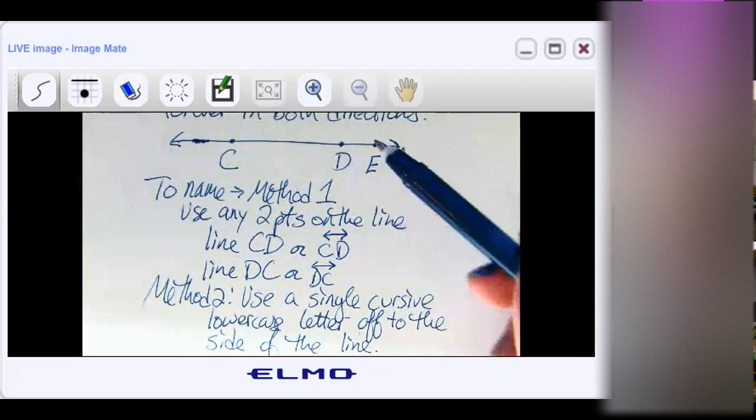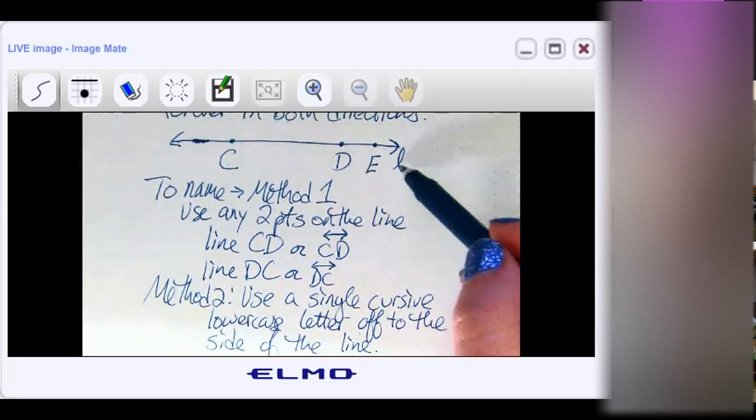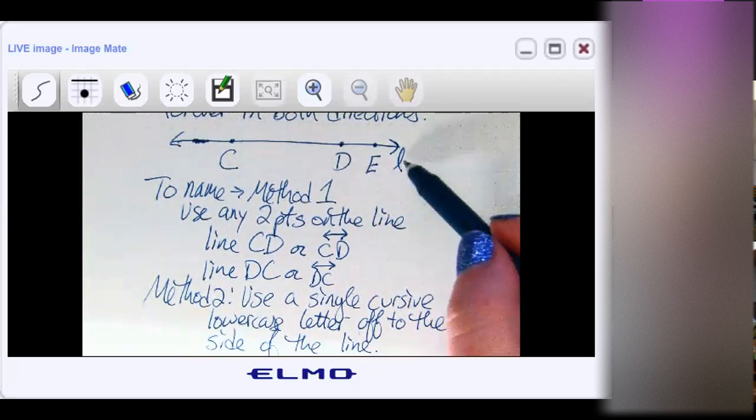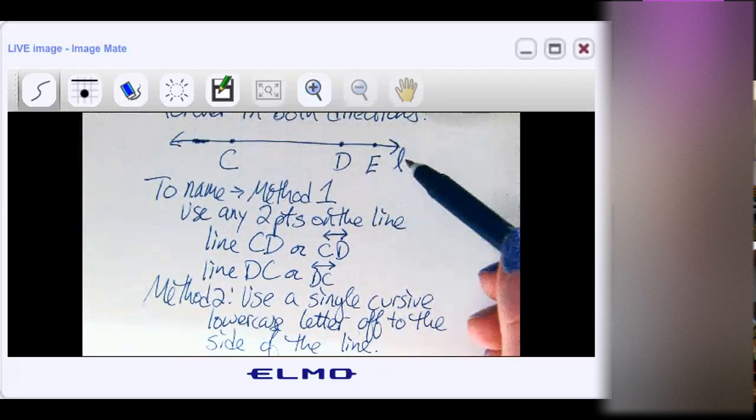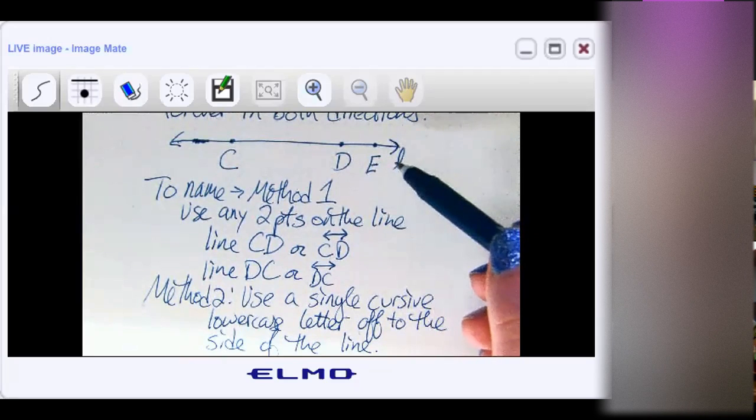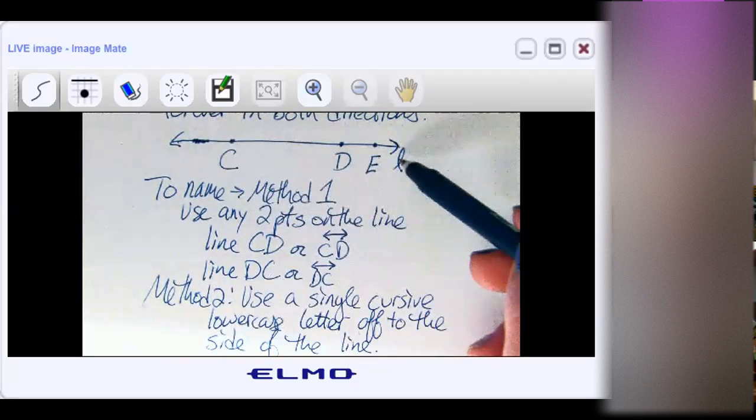Okay. Now, one thing that I want to make clear though, L is not a point on this line. You'll notice I didn't put a dot up here on the line and attach it to the L. L is just the name of the line, right? So I could now name this line so many different ways.